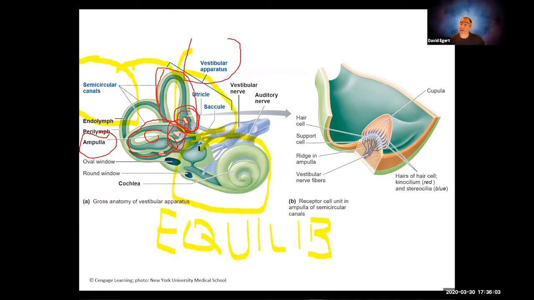All right, so the cochlea, again, looks kind of like a snail. I haven't been talking so much about this idea of the bony labyrinth.